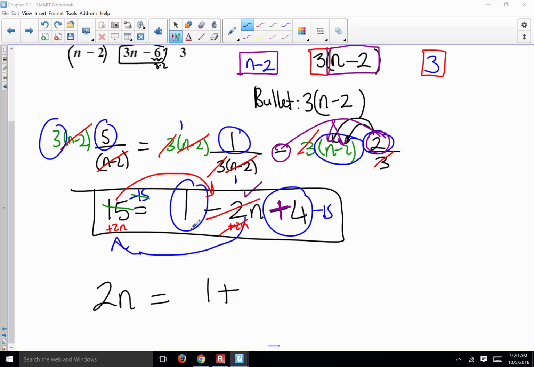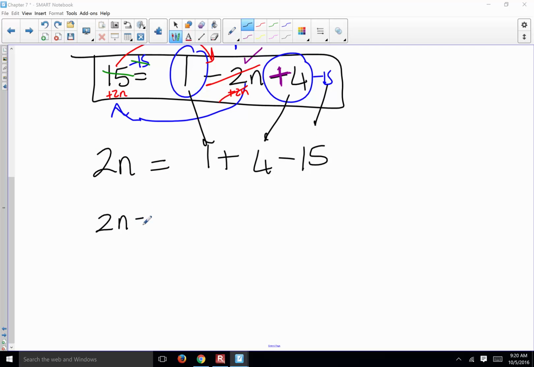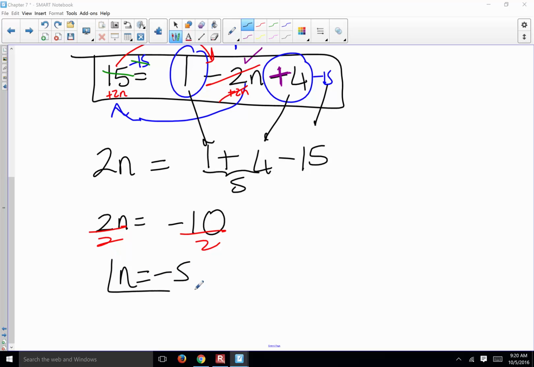So we have 1, 4 and minus 15, all the numbers on the right. And we get 2n equals 1 plus 4 is 5. Take away 15, it's minus 10. N is, divide both sides by 2, negative 5.